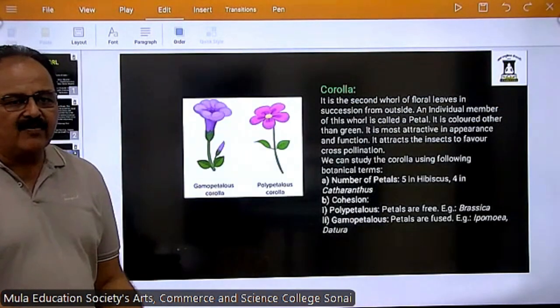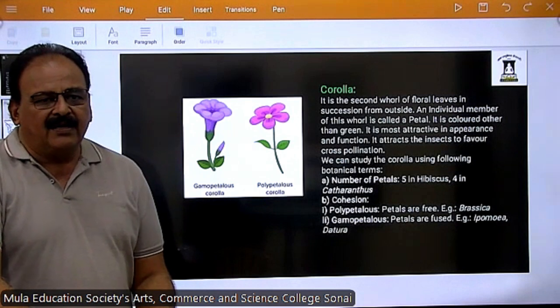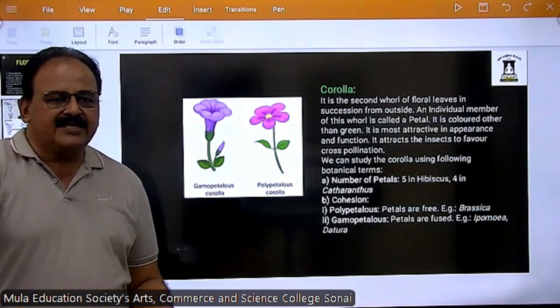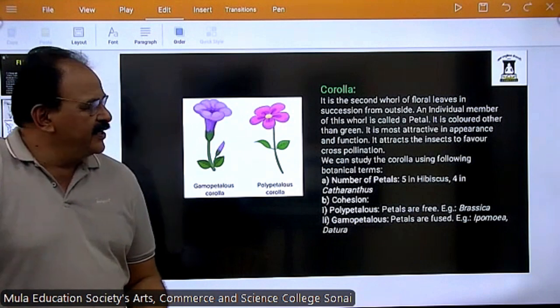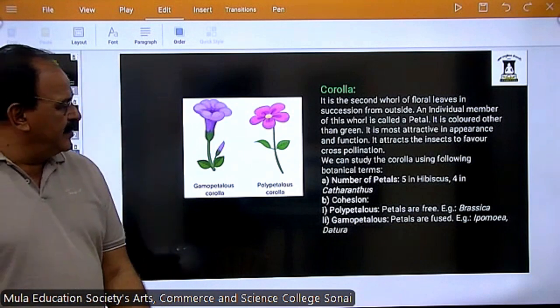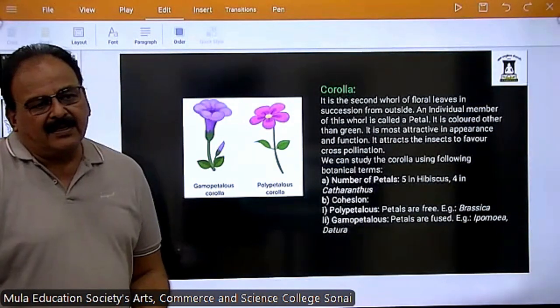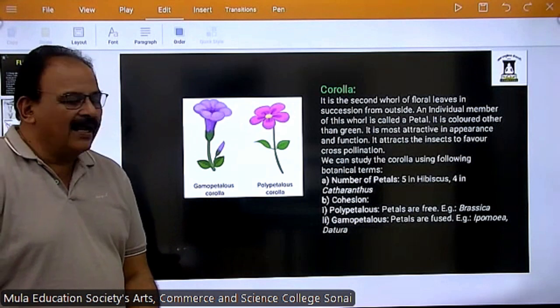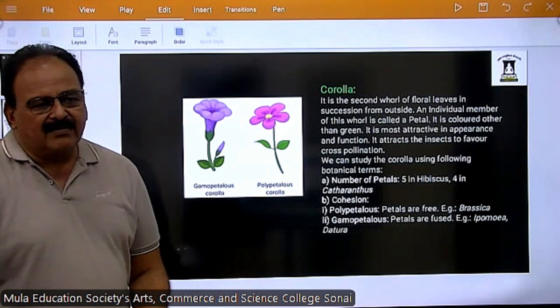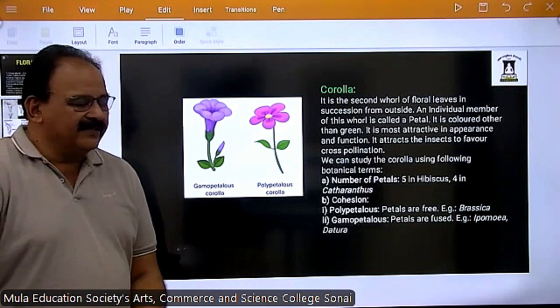The second essential whorl is corolla. It is the second whorl of floral leaves in succession from outside, and the individual members of it are petals. A group of petals is called corolla, and the corolla is brightly colored other than green.